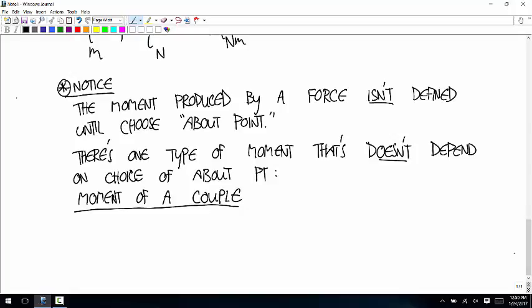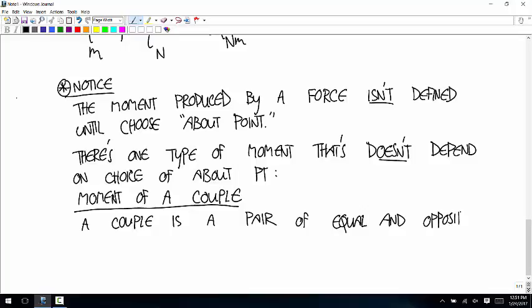And so I have to tell you what a couple is. A couple is a pair of equal and opposite forces acting some distance apart.